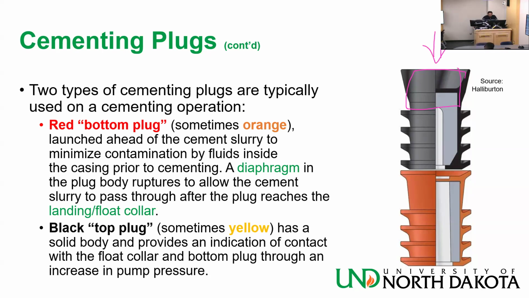Okay, so between the two plugs, here basically, now they are touching each other, but between them is the cement slurry. Once you break the diaphragm of the red plug, you push the slurry underneath, through the bottom plug, and it goes through the annulus of the well. And then the top plug will move down and touch that. So this is what you want.